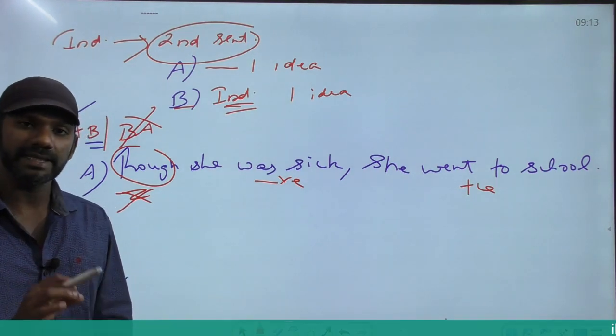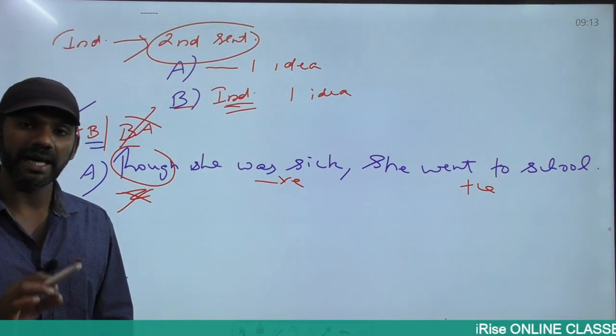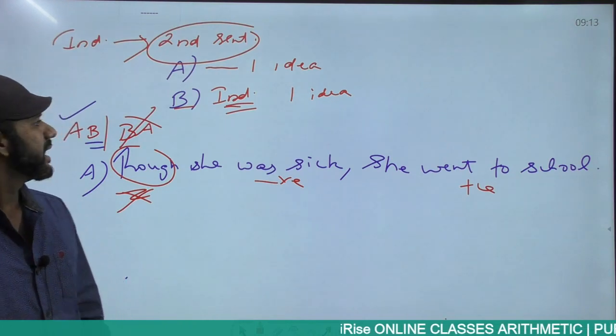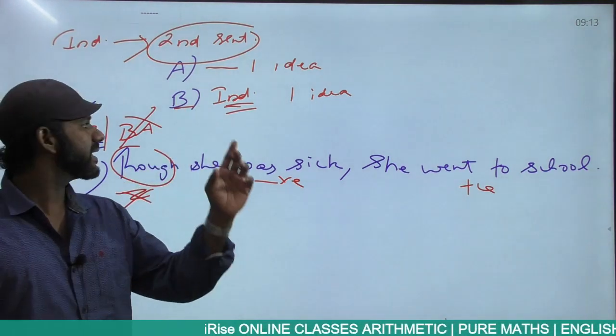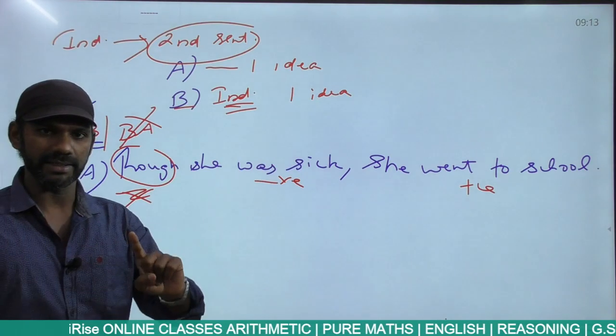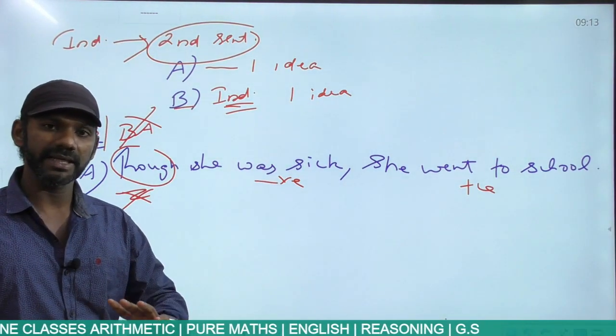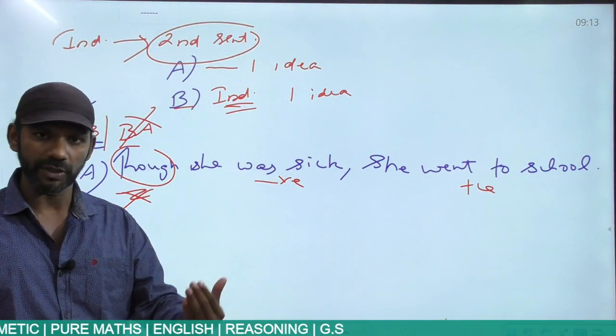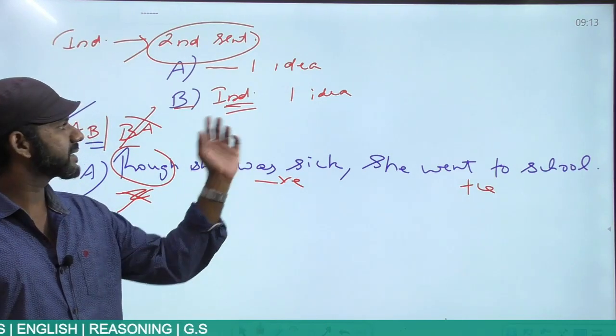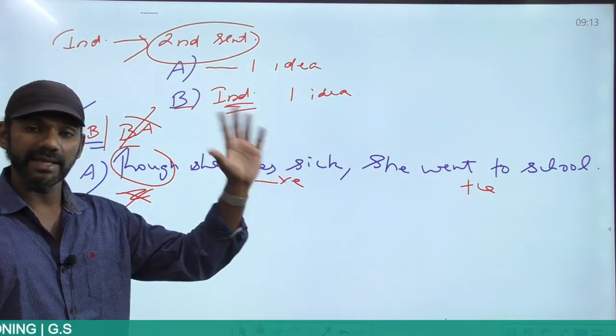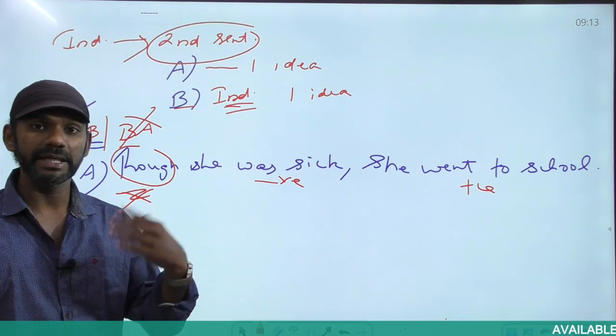When you find an indicator in a sentence, see how many ideas are there in the sentence. When the sentence contains an indicator and one idea, that sentence must be connected to another sentence immediately before it. Clear?